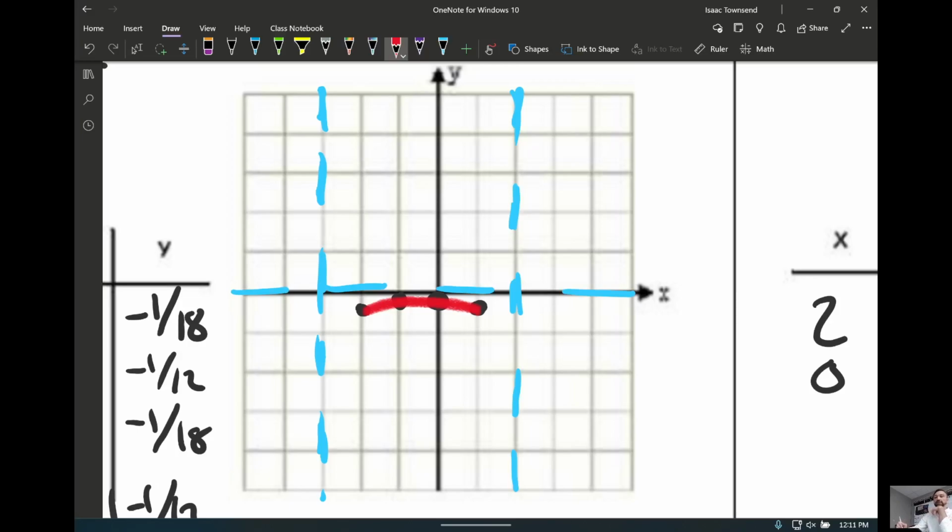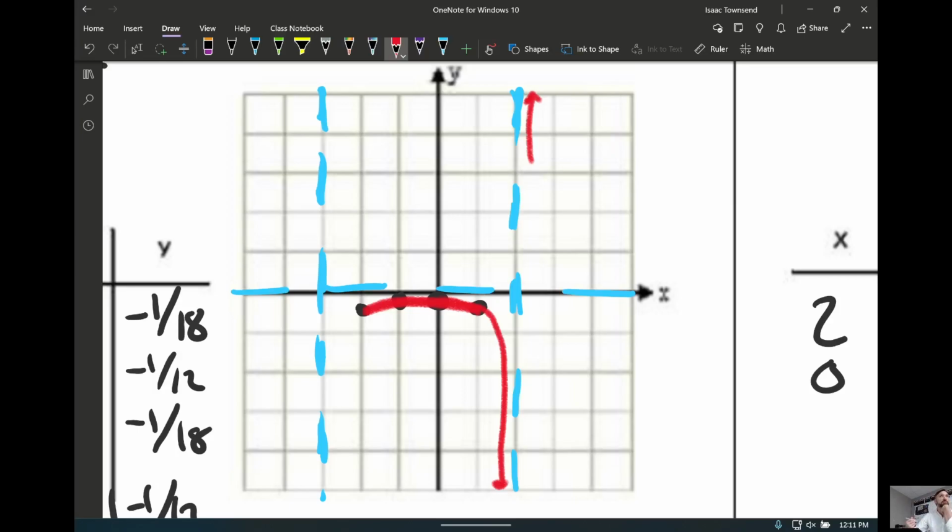So for vertical asymptotes, we will assume that they're going to go down on one side and up on the other side. So right here, I can see that this is trending downwards, and I have nothing to believe it's changing in here. So this one must be shooting down to negative infinity on the left, which means it's shooting up to positive infinity on the right.